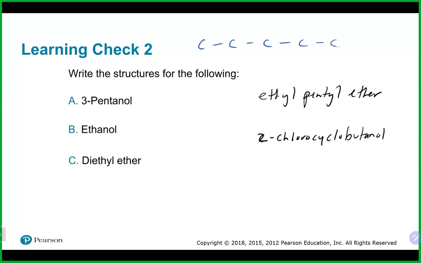OL tells us it's an alcohol, and 3 tells us that is where it's located. I'm going to go left to right; in this case, it really doesn't matter which way you go. You'll end up with your OH there, and we fill in the appropriate numbers of hydrogens to give us our condensed formula. And a little OH there would give us our line structure. Any questions on that one?